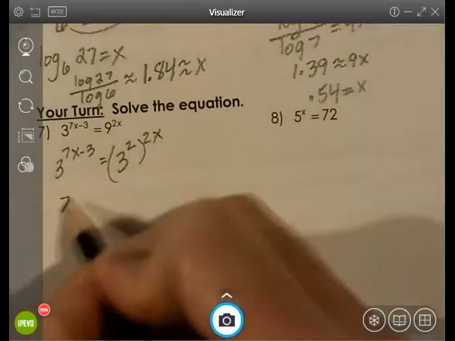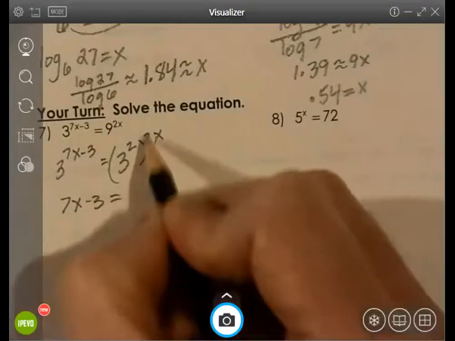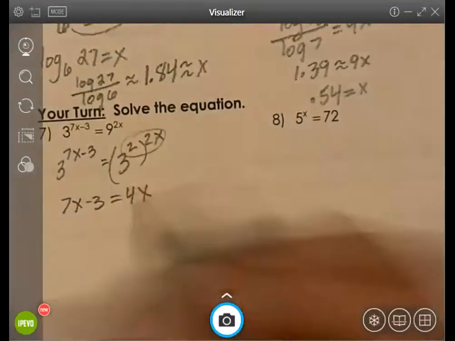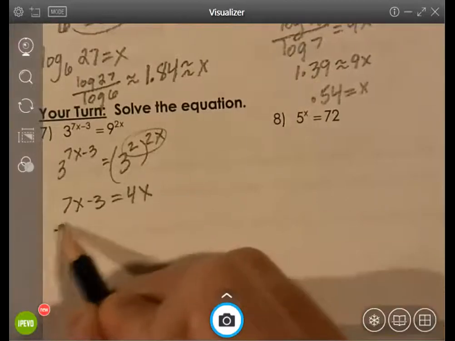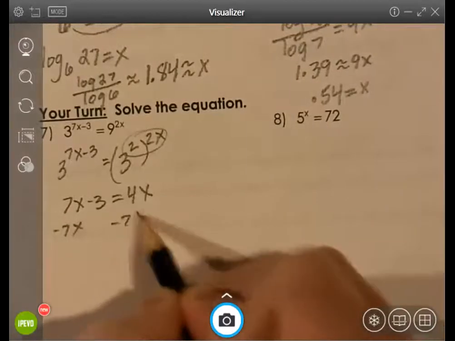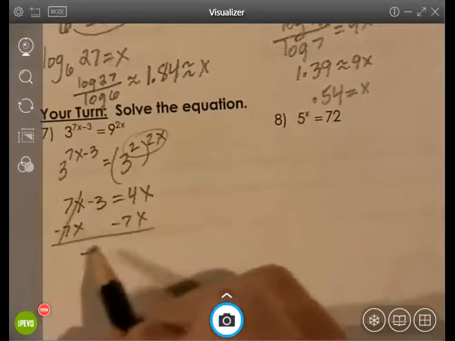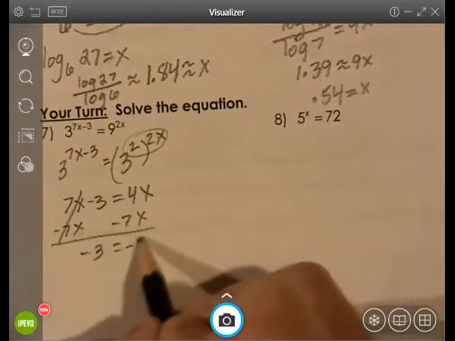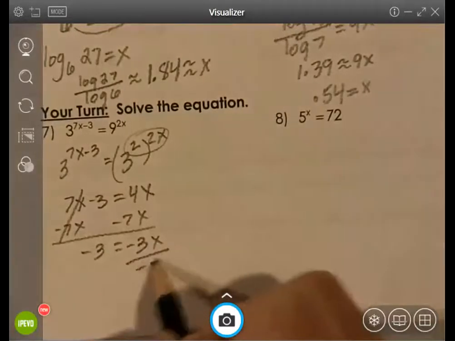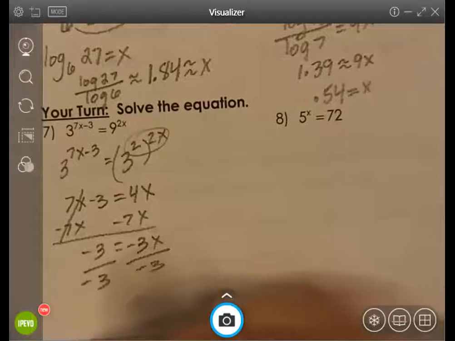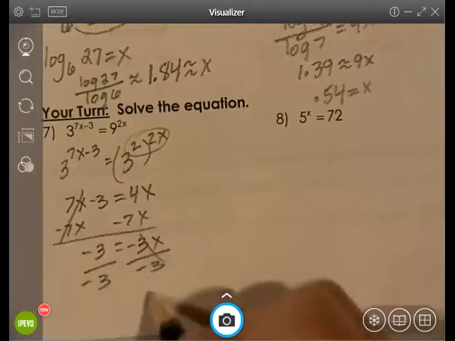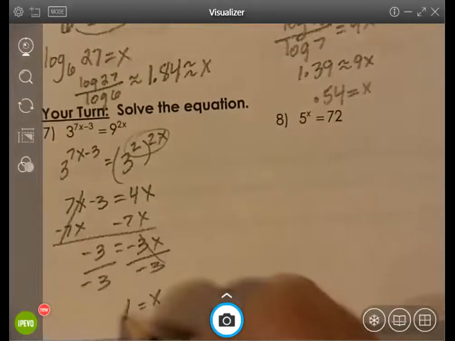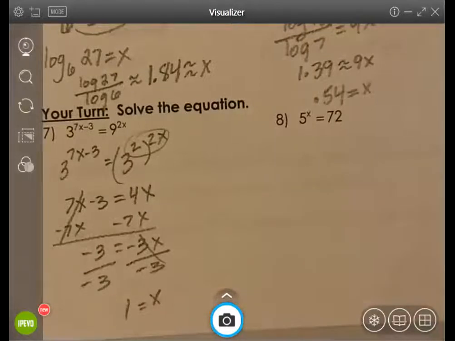So the 7x minus 3 has to equal the 4x. So we have an x of 1.